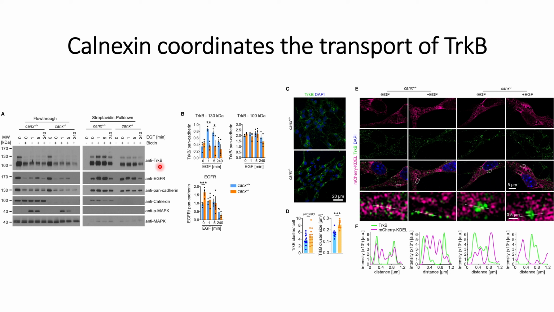Along with that, they also checked the amount of EGFR, and anti-pancalcrin acts as a control, and this is the anti-calnexin to confirm that it is a calnexin knockout. The anti-MAPK and anti-phosphorylated MAPK help to identify whether these signaling pathways are upregulated or not.